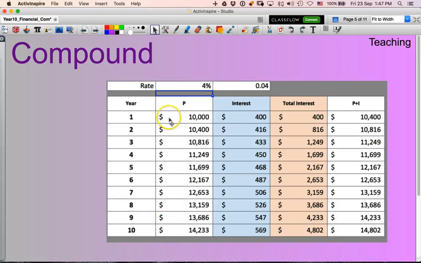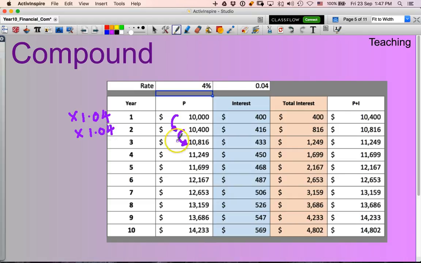Now, just pulling out my pen here. And what you'll notice, when I go from this to this here, I actually am multiplying. I multiply by 1.04. When I move from this year to the next, my principal again, I multiply by 1.04.